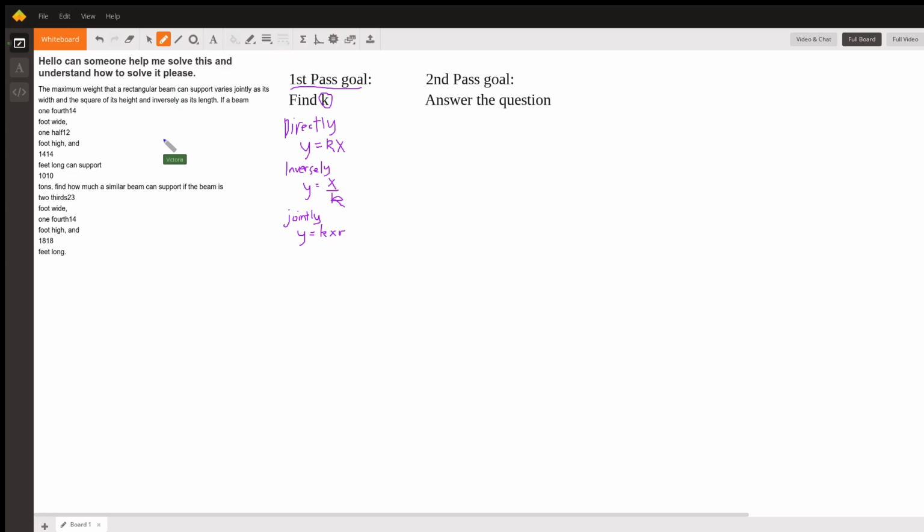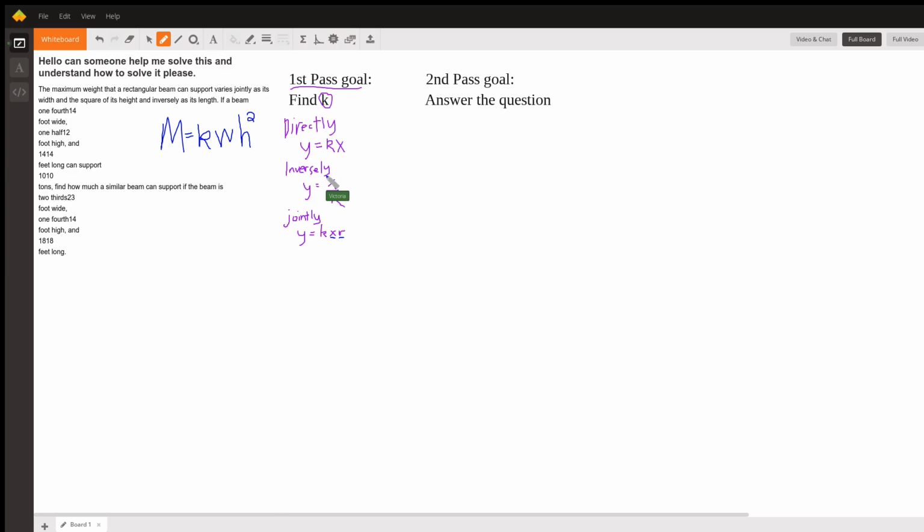So we're going to put that our weight equals k times, now we're going to have a couple of variables here. As its width, I can't use W for both. Let's use an M for maximum weight. Equals k times the width, we'll call W, and the square of its height.